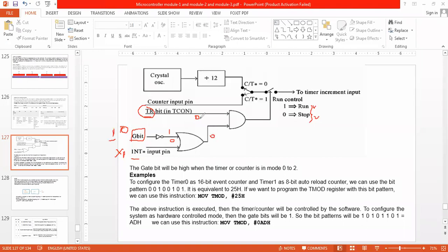Say if it is 0, then the output depends completely on 0. If this one is 0, the output will stop. The increment will get stopped. Understood?